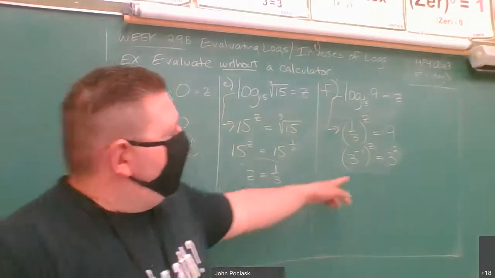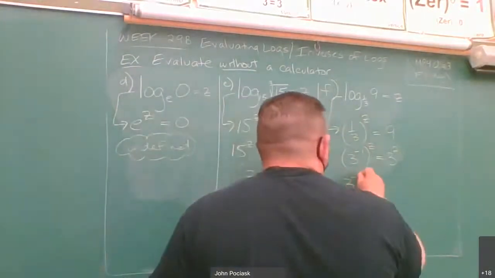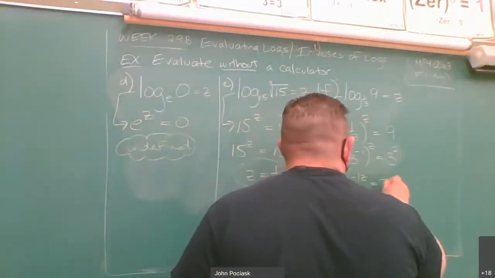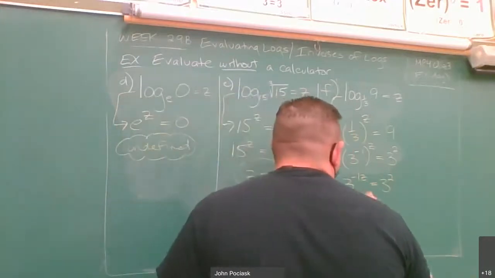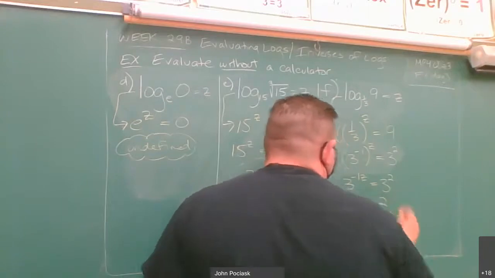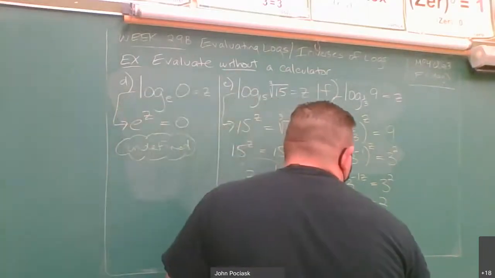And on the left-hand side, I've got the power of a power property. So that would be 3 to the -1z equals 3 squared. So -1z, you can just write -z equals 2. So z is equal to -2.